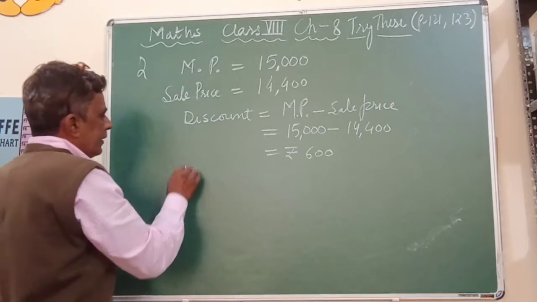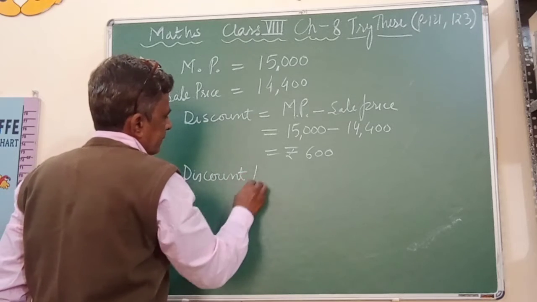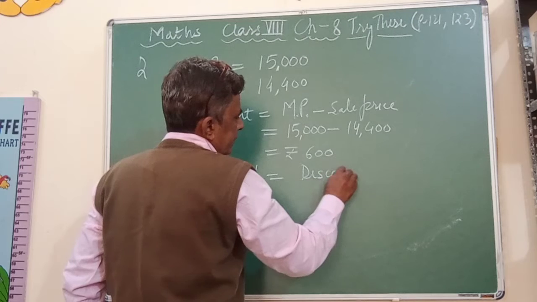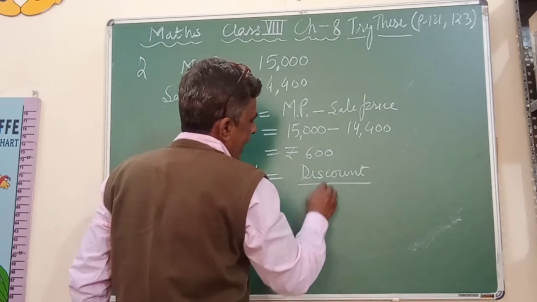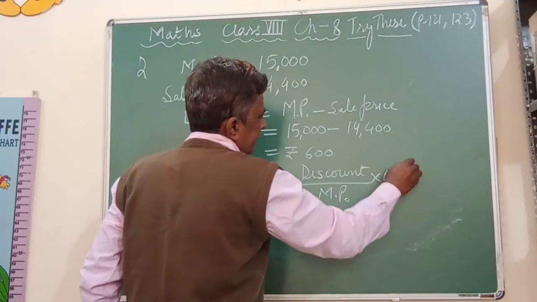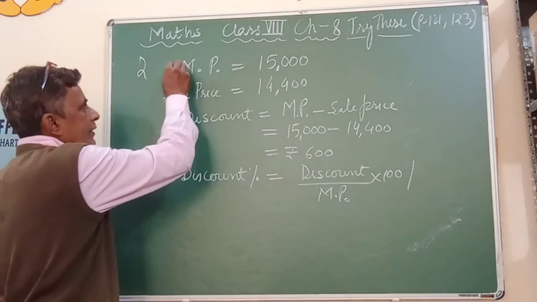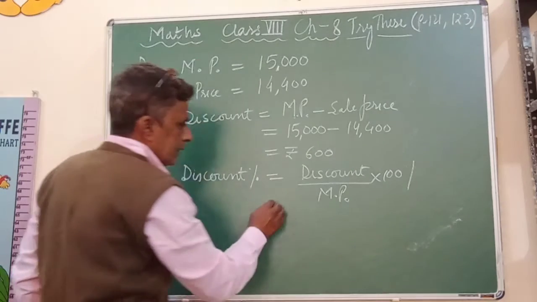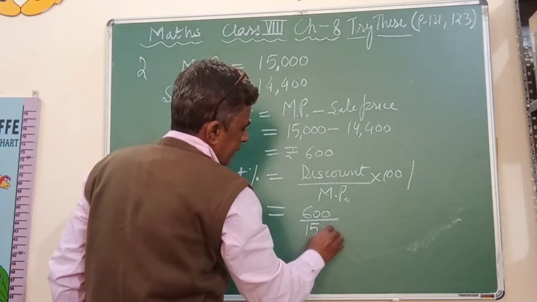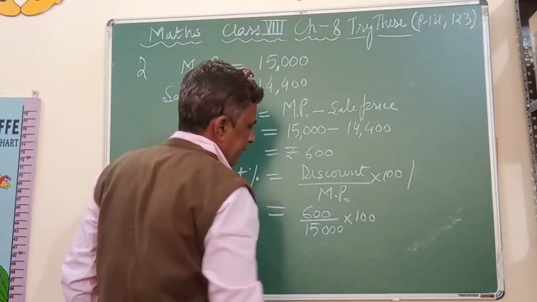Now we have to find the discount percentage. Is equal to discount upon mark price into 100%. Discounts are always calculated on the basis of mark price. 600 upon 15,000 into 100.